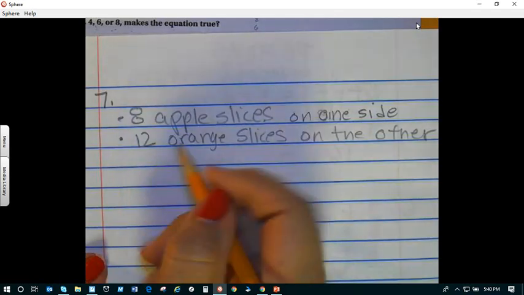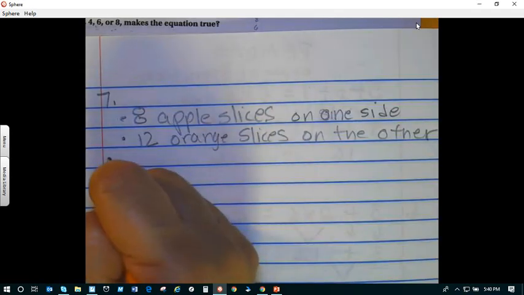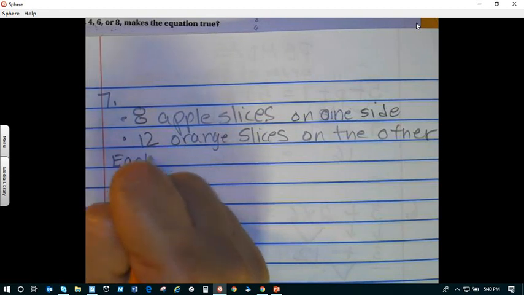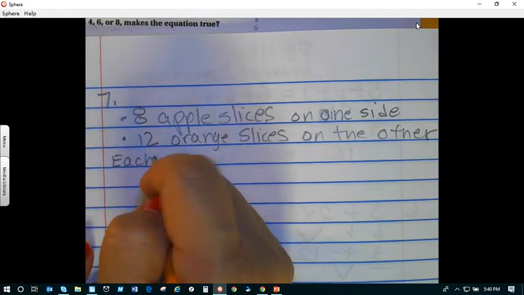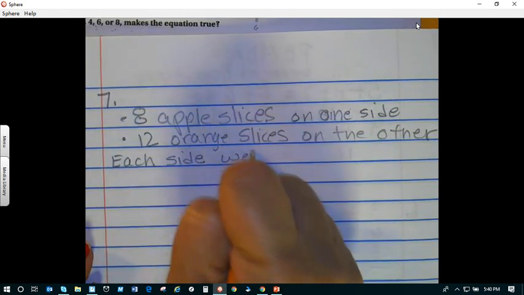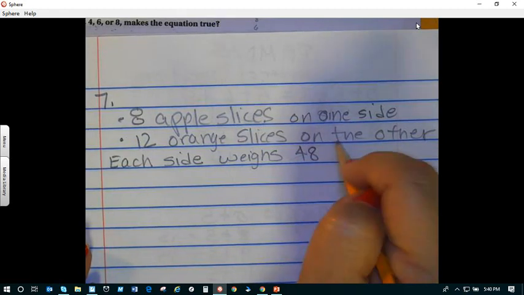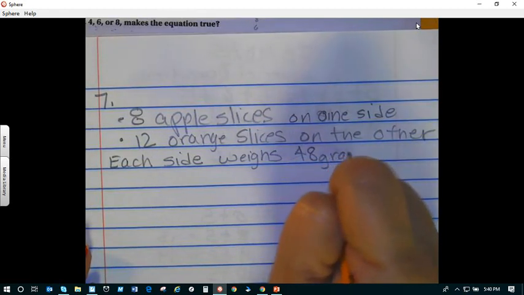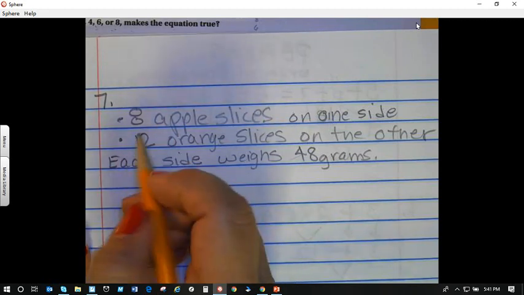And then it says that each side weighs 48 grams. They wanted us to find the weight of the apple slice and the weight of the orange.